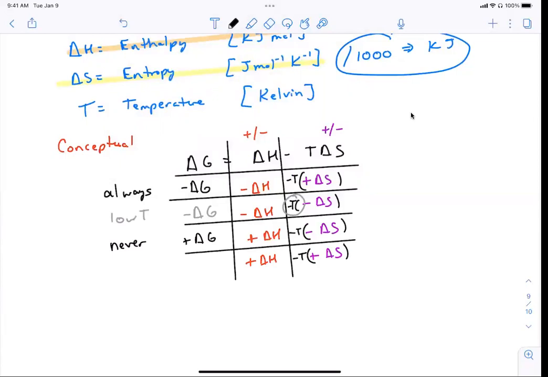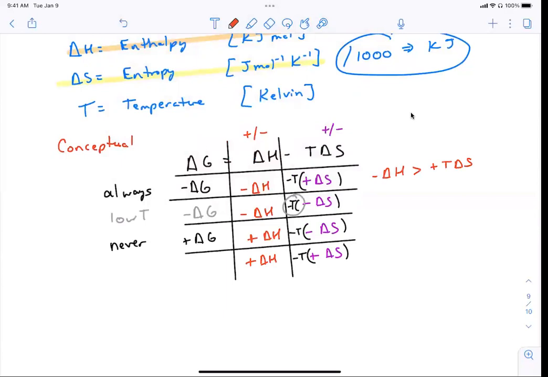Okay, what that means is if you want a negative delta G value, you have a negative delta H, but minus T times minus delta S is a positive number. So you have to make sure that your negative delta H is greater than your positive T delta S, so that your overall number is negative, right?